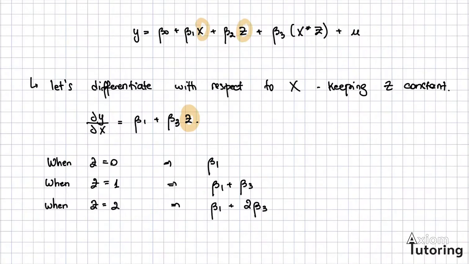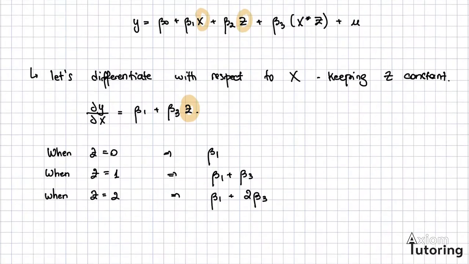Okay? Now, keep in mind, and this is a little bit of a warning, I am treating z as continuous at this stage. We'll handle the dummy case shortly, where z can only take the values of 0 or 1.